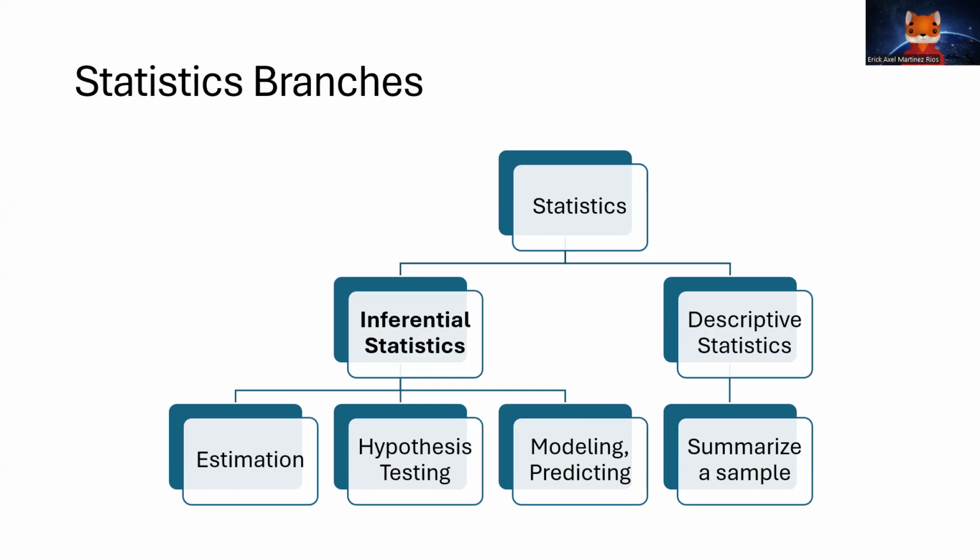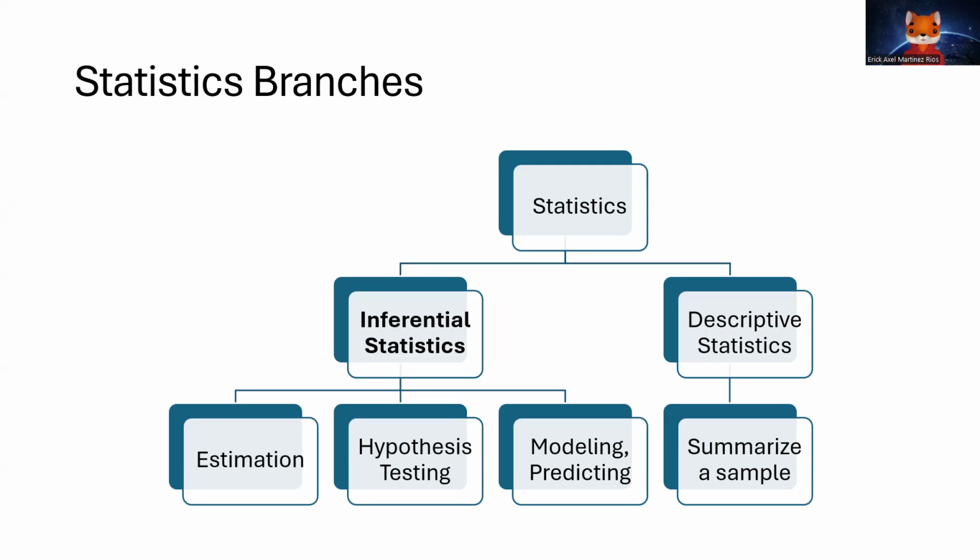Inferential statistics can help us to, for example, estimate models that describe the data that we have collected. This is also related to machine learning. Hypothesis testing basically helps us to see if there is an effect or a difference in a variable between different groups.